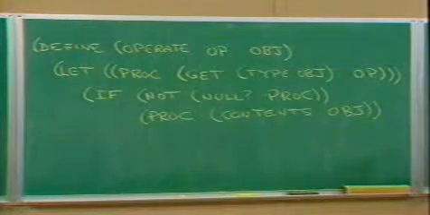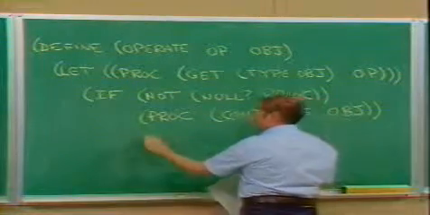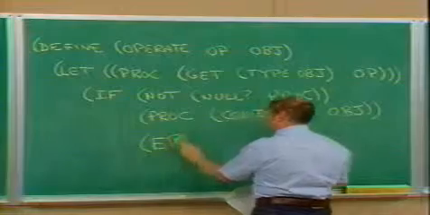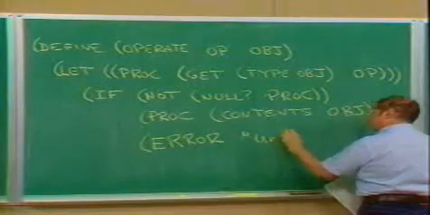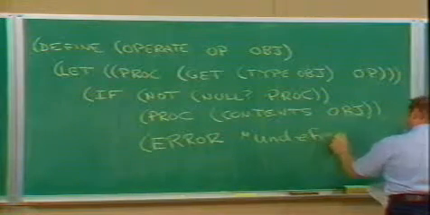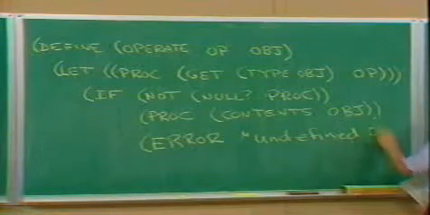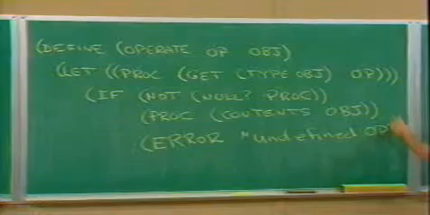And otherwise, if there was nothing stored there, well, we can decide. In this case, let's have it put out an error message saying undefined operator, or no operator for this type, or some appropriate error message.